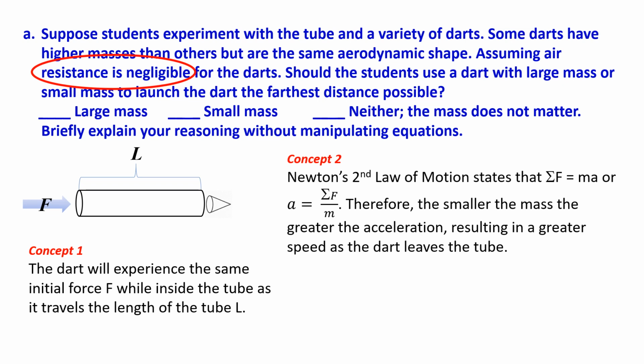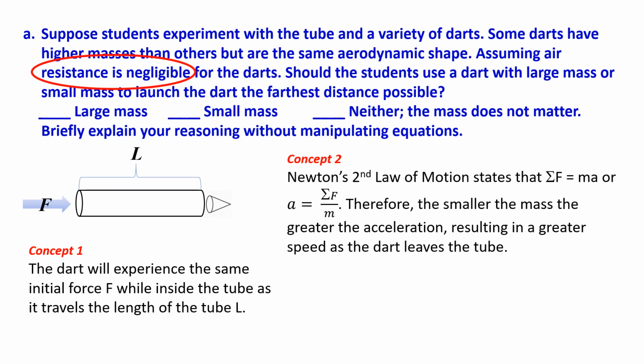But why will it produce the greatest velocity as it leaves? Because of the equation that we've been using, the final velocity is always dependent on the length or the displacement, the distance an object is accelerated.